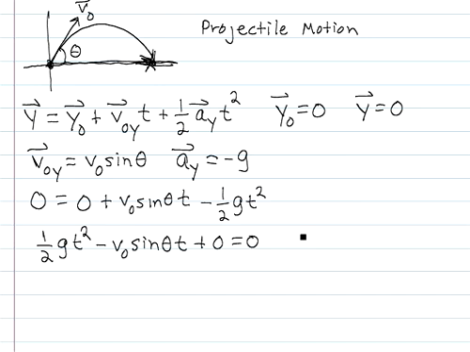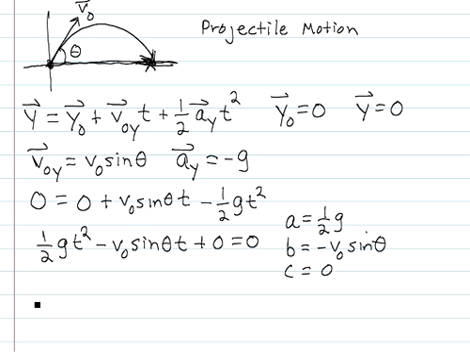So you can see that a, the coefficient of the squared term, is 1/2 g. We do this a lot in physics: use a symbol for something without explicitly putting in the number, so we can use it in a variety of situations. b is equal to minus v sub 0 sine theta, and c is equal to 0. The constant term is 0.